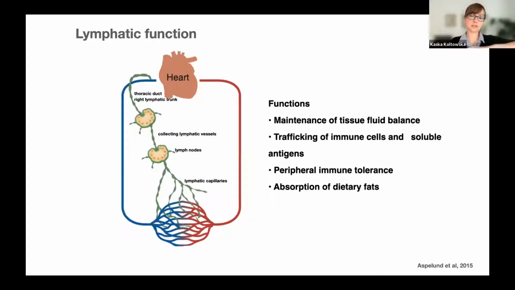And this network of vessels is organized in a hierarchical manner, where the blind-ended capillaries are the place where the fluid is being absorbed, and the fluid is then carried out through collecting vessels and also the thoracic duct. And as you can see in this image, lymph nodes are also part of this network, where of course a lot of immune responses are taking place.